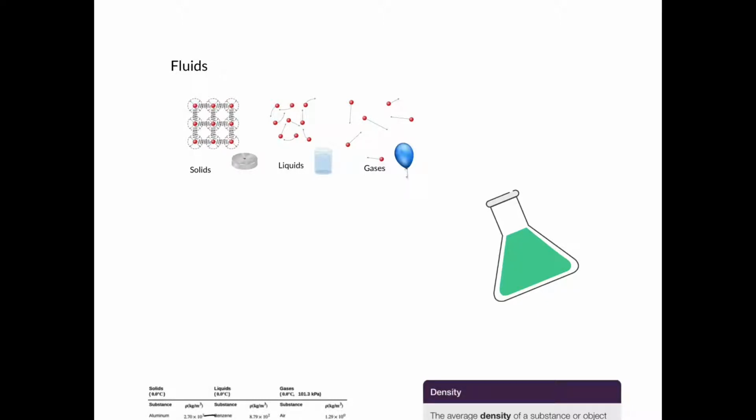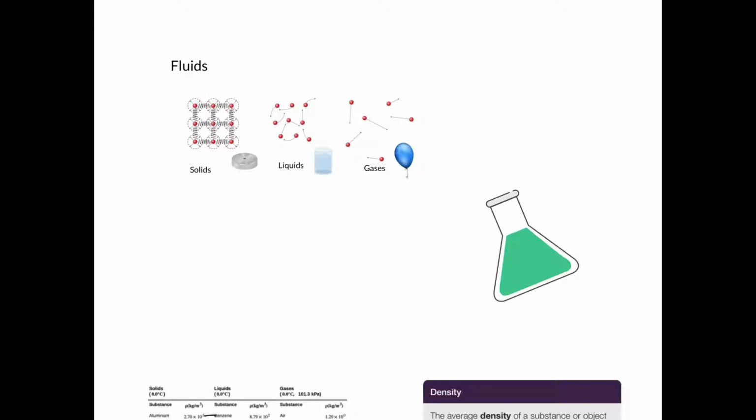Of course, they have a particular volume, but they take the shape of the container. And move on to gases. The molecular forces are so weak that they have neither a size nor a shape, which means you can put them in a big container and they will go to the corners of the container. That means they will just spread out. So that is the basic difference between solids, liquids, and gases.